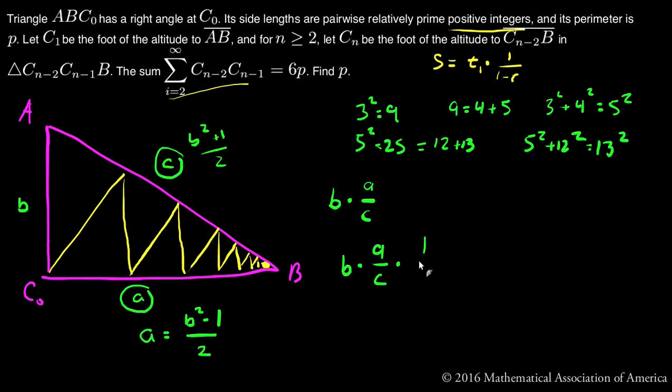So I'm going to have 1 over 1 minus A over C. Now, A and C are separated by 1 unit for all of these cases, so this is going to equal BA over C times 1 over C. And so in this, these cancel.